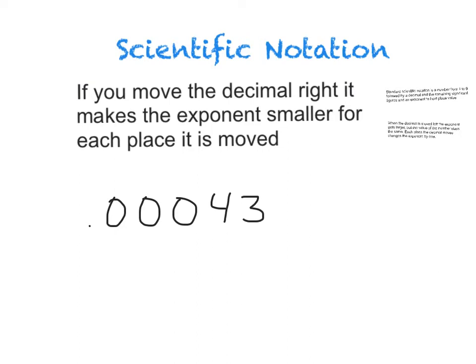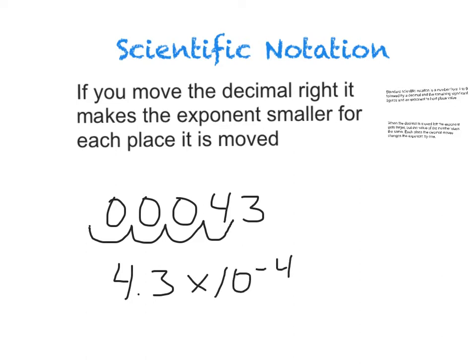So we move this decimal point 1, 2, 3, 4 places to the right. So this would become 4.3. And now since we moved it to the right, the exponent becomes negative, or we subtract 1 for each place. So we would say this is 4.3 times 10 to the minus fourth.